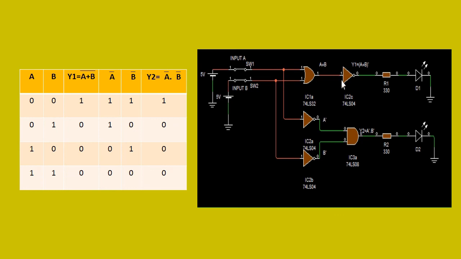So this is the last condition of the truth table. That is, when A is 1, B is 1, Y1 is 0, A bar is 0, B bar is 0 and Y2 is also in off condition. So by this process we can easily implement the first law of De Morgan's theorem, and from this circuit we can easily verify the truth table of De Morgan's theorem first law.